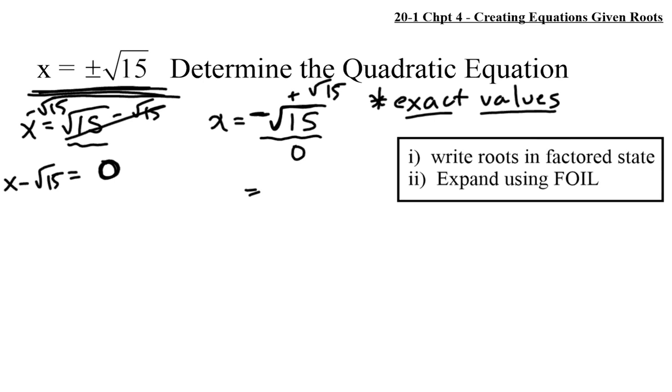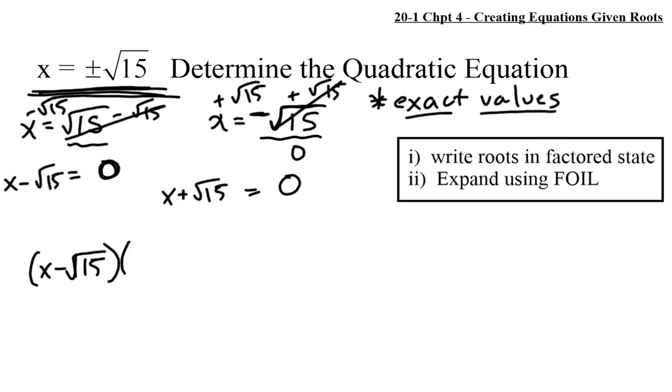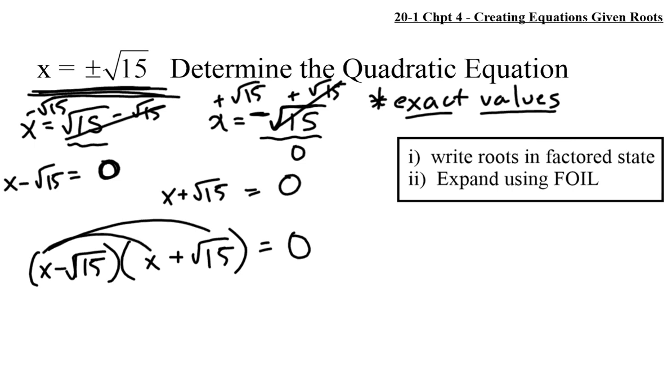Negative root 15 and a positive root 15, there's our 0. But I have to make sure I do the same thing to the other side. x plus root 15. So our factored state, x minus root 15 and x plus root 15 is my quadratic equation. From there, now we have to FOIL.